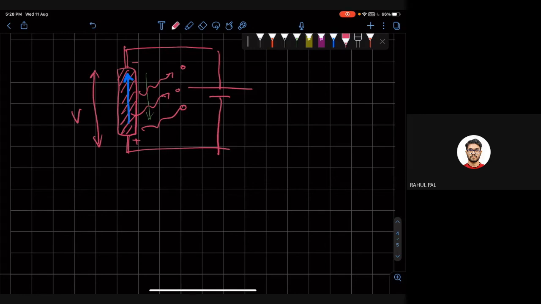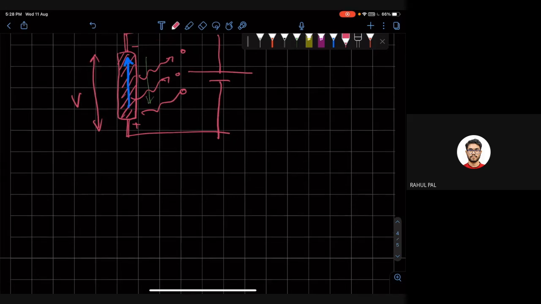But what was observed in the spectroscope was not something that was continuous.